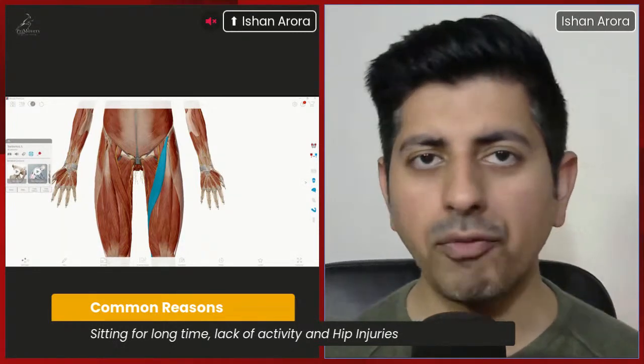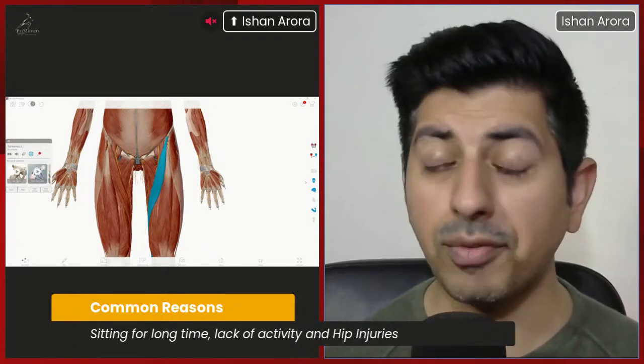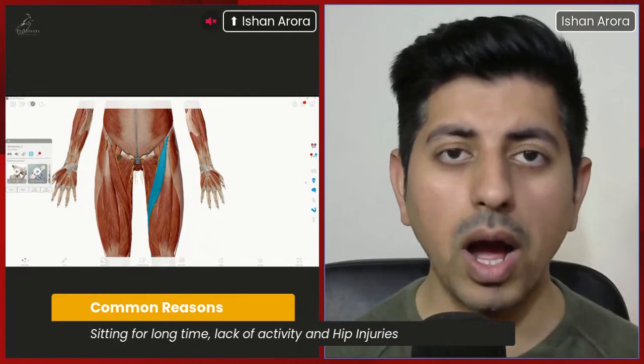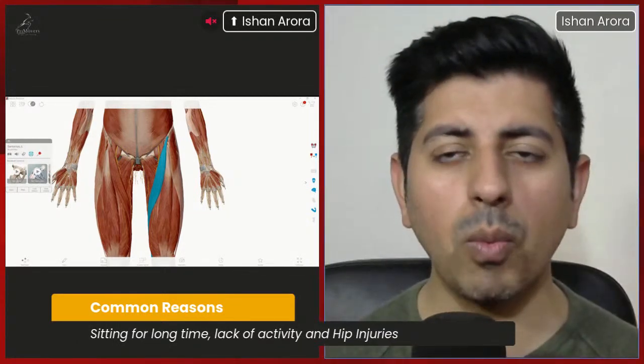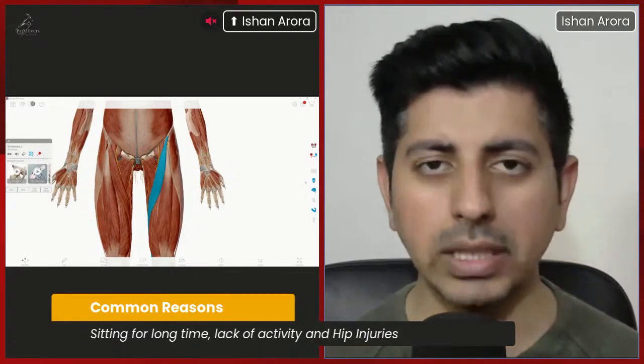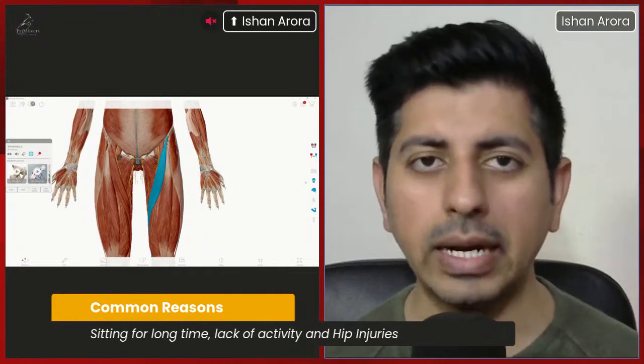For example, if I am sitting for too long at a stretch, thanks to my lifestyle or my job, or in general I have been sitting for longer hours, there are good chances that I will start developing stiffness in the muscles around this area, and the joint will start becoming stiff and tight.